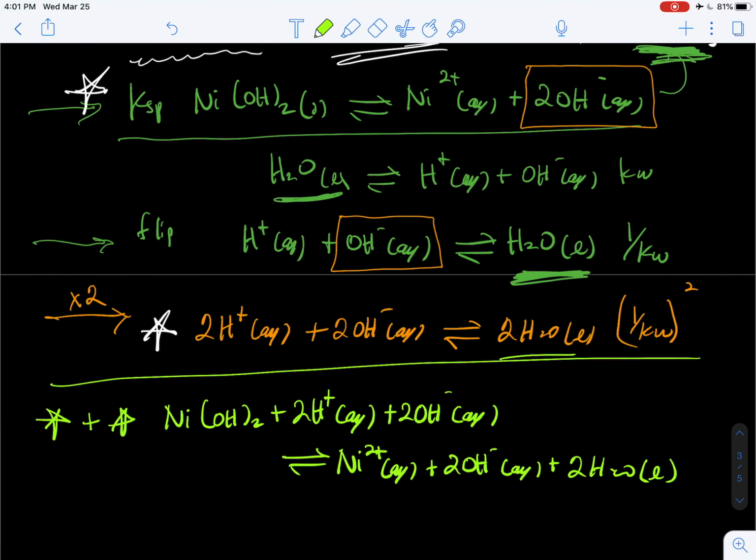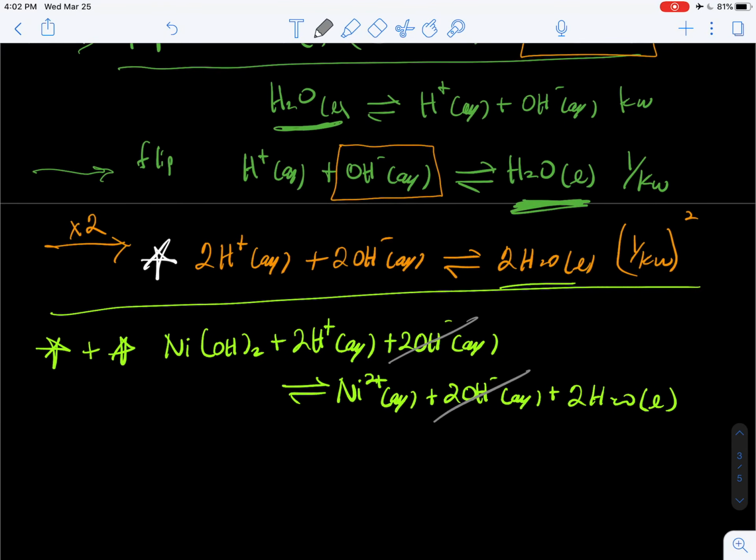Okay, and you can see how the OH minus on the left and the OH minus on the right cancel out. And the net reaction there is the one that's shown on your lecture guide on page 41.